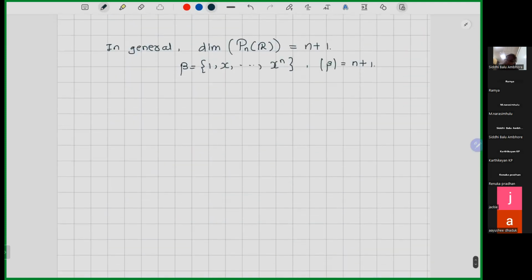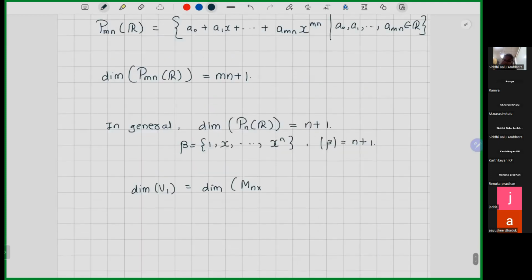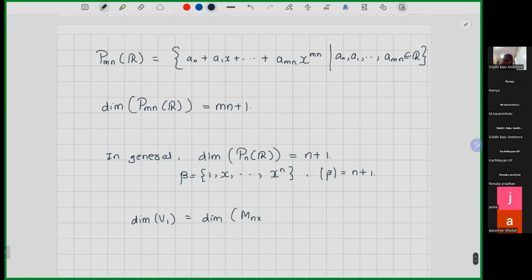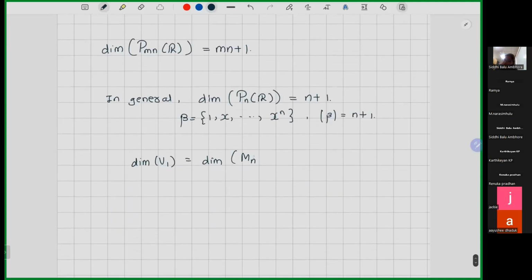So here what we got: the dimension of V1, the M cross N matrices over R, was mn, but the dimension of V2, which is P mn R, is mn plus 1, right?